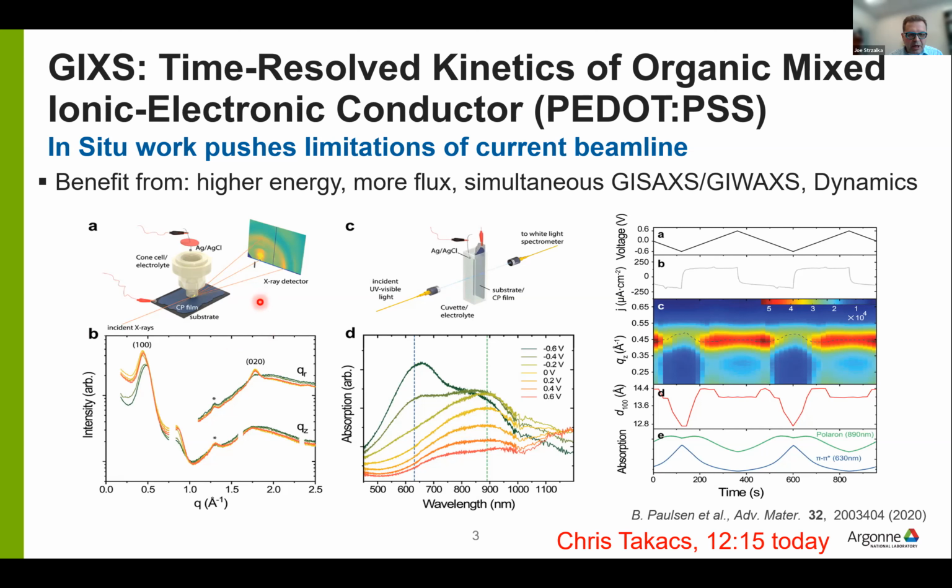With this sample chamber, you could put an OMIEC thin film down, in this case PEDOT:PSS, and measure, here, line cuts from the GIWAXS scattering. You can see that there are significant changes as the material is cycled through the electrochemical potential.